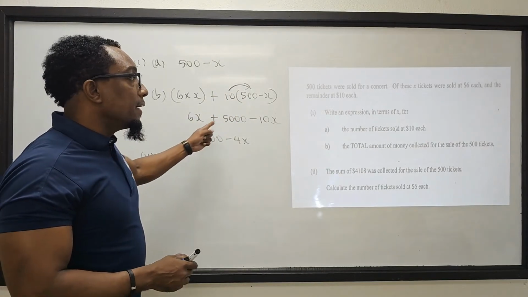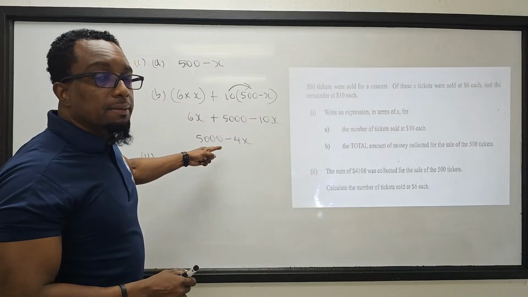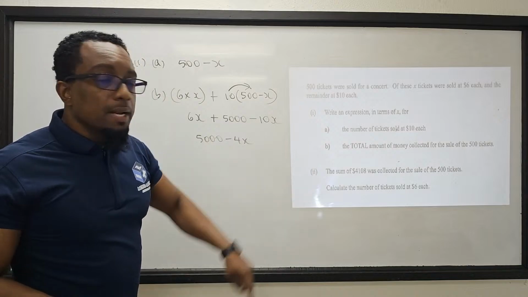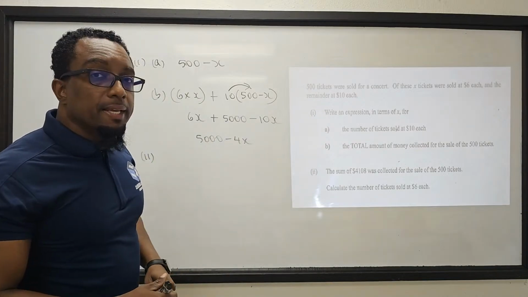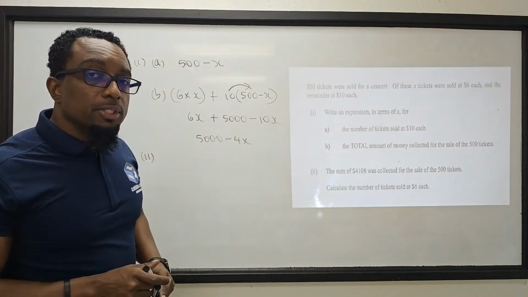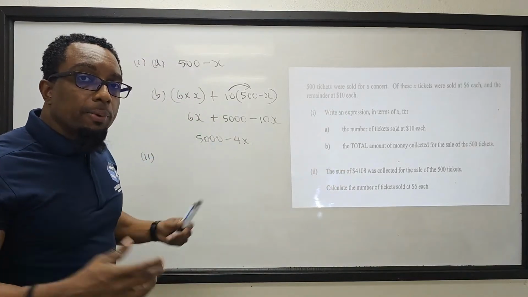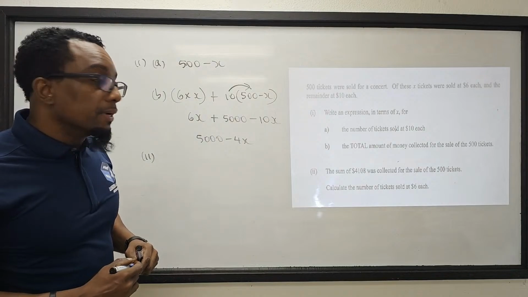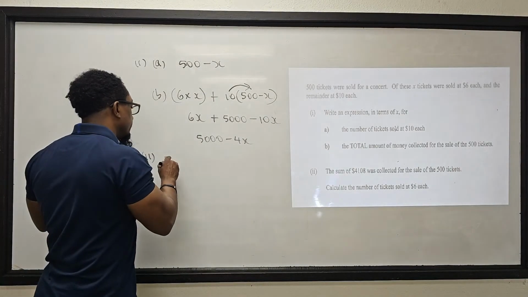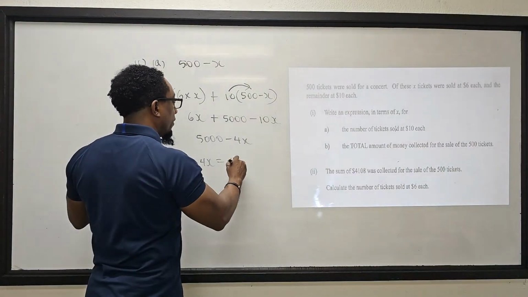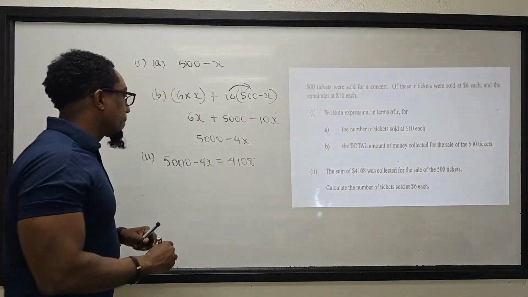So if this is the total amount of money collected for the 500 tickets as an expression, and we have the total amount of money collected as $4,108, then these two are the same. We can equate them: 5,000 subtract 4x is equal to 4,108.